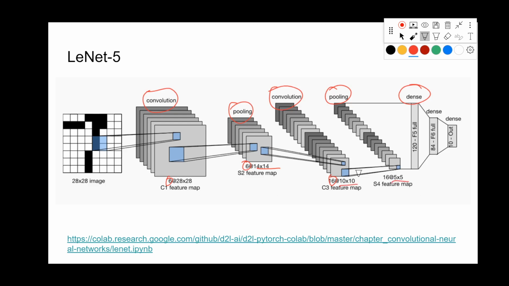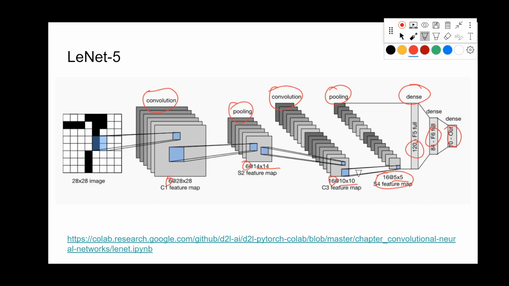So in this case, we have 16 multiplied by 5 multiplied by 5 values in the feature map, and then we just flatten all the pixels here, and then convert it into 3 vectors whose sizes are 120, 84 and 10. So we can make a prediction to predict what the digit is.